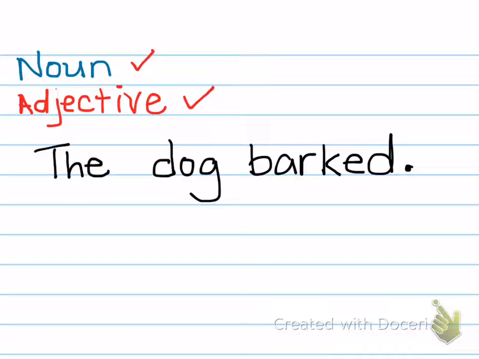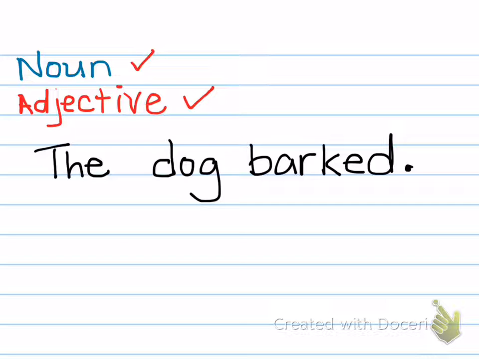The dog barked. Okay, definitely a complete sentence. It has a capital letter. It has punctuation. I have a noun and a verb in the sentence, so it definitely is a complete sentence. Now, there are 3 words in the sentence. The dog barked. Which one of those words is the noun?